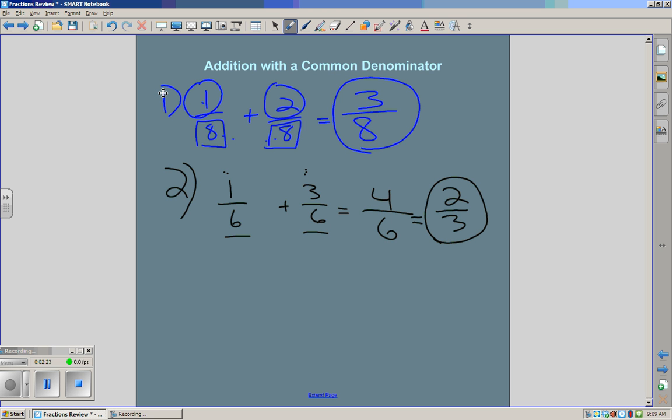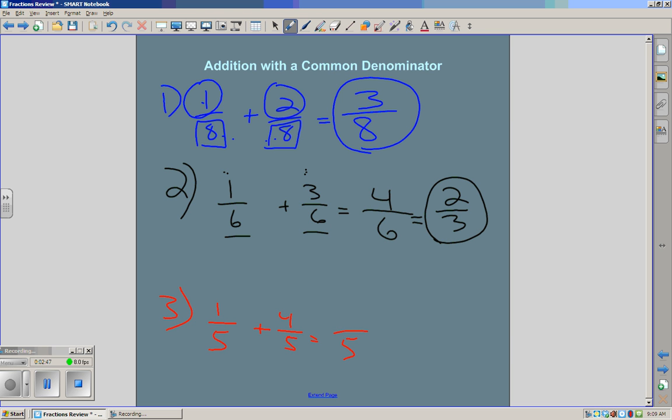The final one on the review session for addition with common denominators is 1/5 plus 4/5. I will give you a second to complete this and reduce this to the lowest common fraction. All right, again, my denominator does not change.